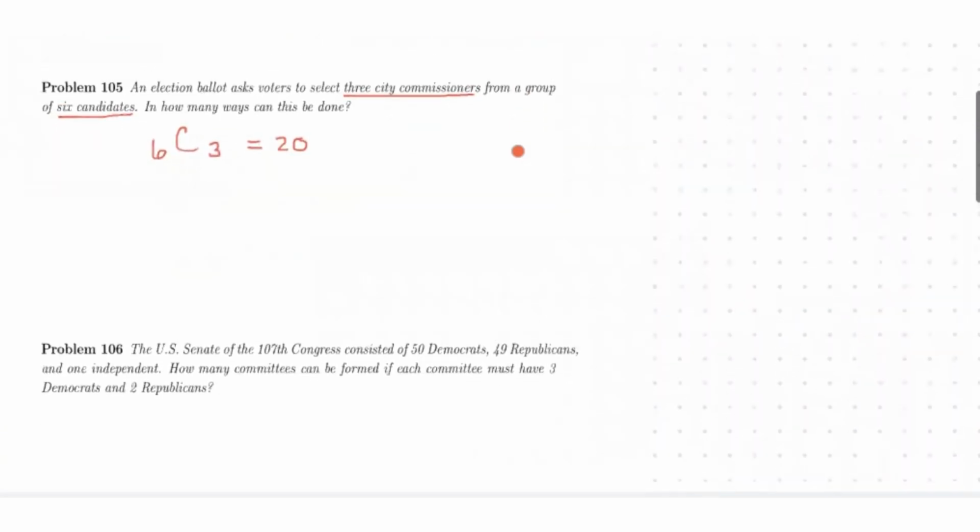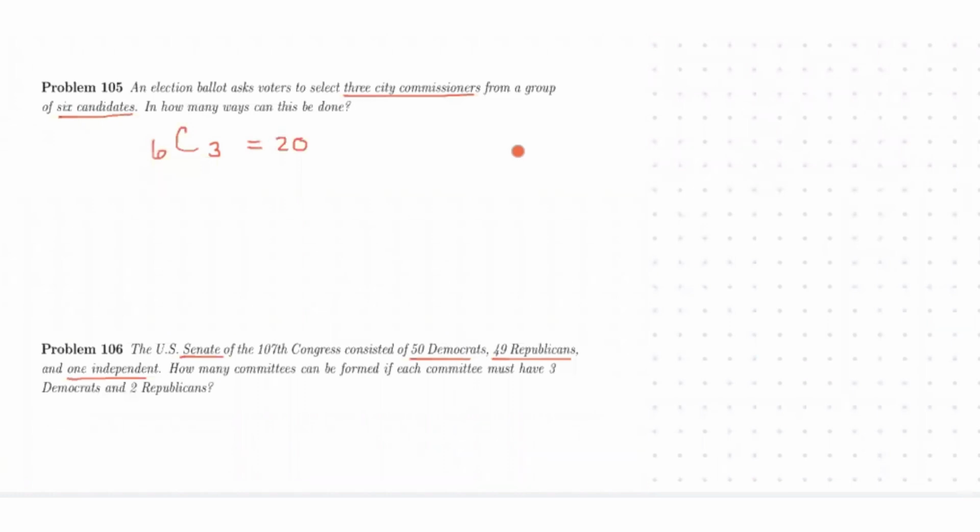Problem 106. The US Senate of the 107th Congress consists of 50 Democrats, 49 Republicans, and 1 independent. So Senate: 2 per state, we have 50 states, so 2 times 50, it's a total of 100 senators for the United States.